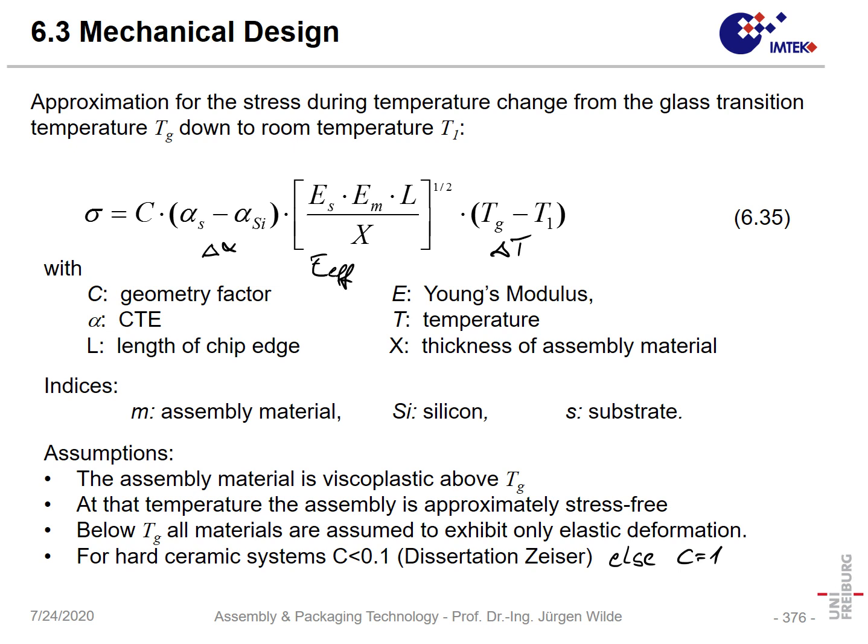So if you have a hard die attachment, for instance glass solder on a ceramic substrate, then you can take a prefactor of C is 0.1. In soft systems, like you use a glue on a printed wiring board or such a thing, you can take C is 1, and in that way you can estimate the stress in that case.